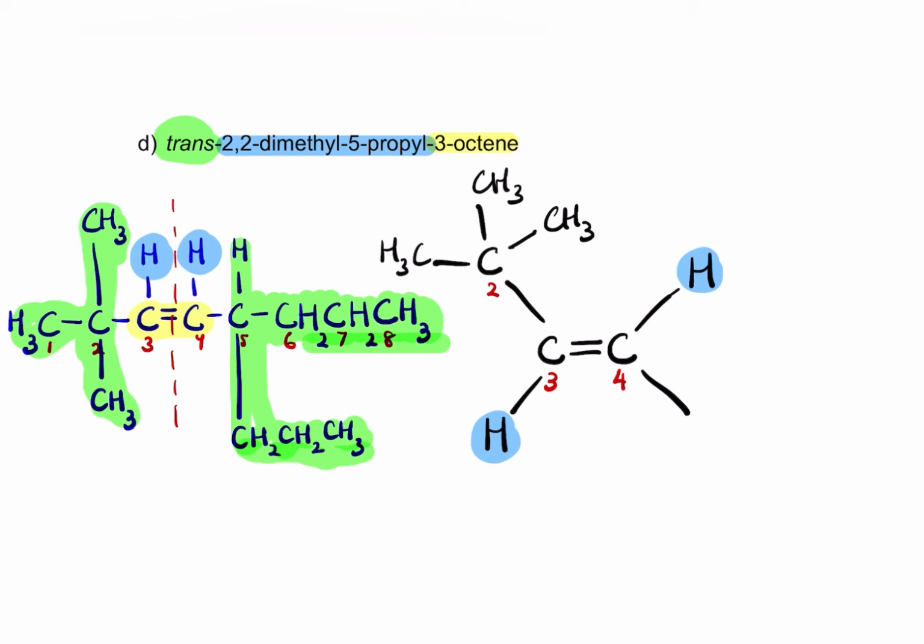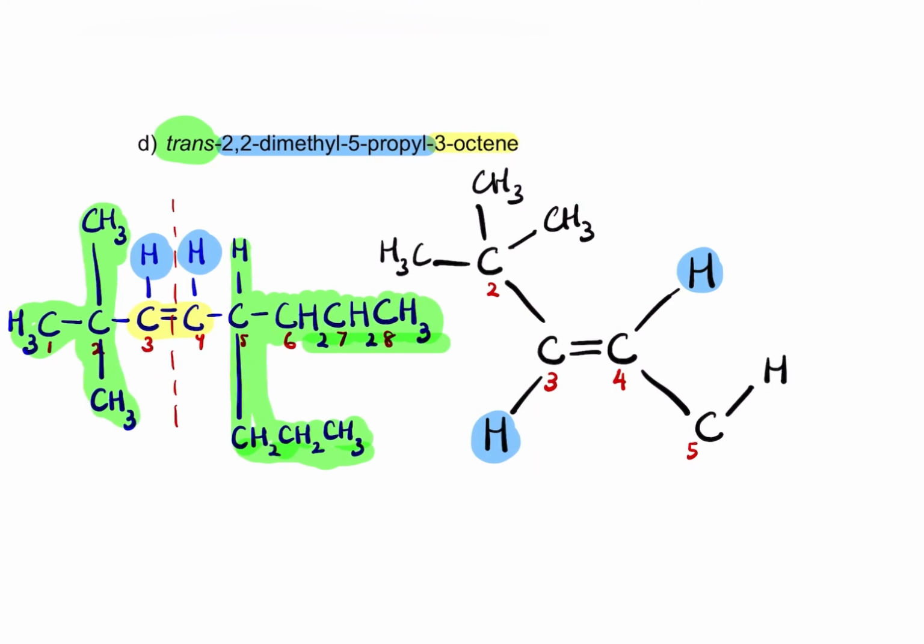Now I'm going to continue with carbon number 4. So carbon number 4 is attached to one hydrogen and the rest is this group. So go and draw carbon number 5 first. So this is carbon number 5. And then on carbon number 5 you got hydrogen. So I got hydrogen.